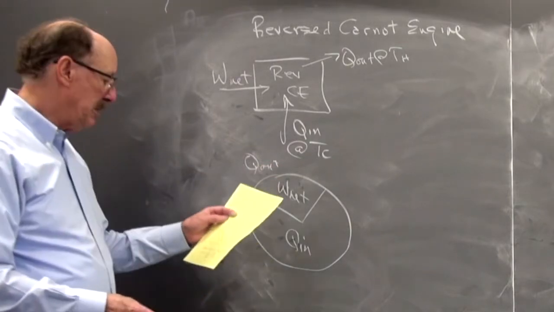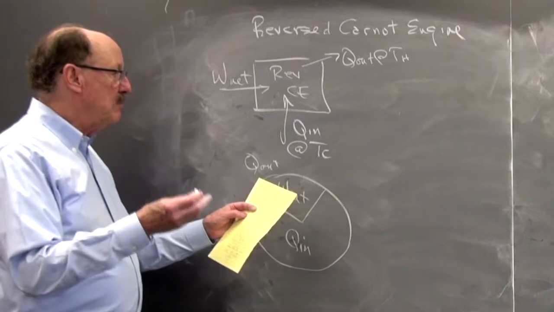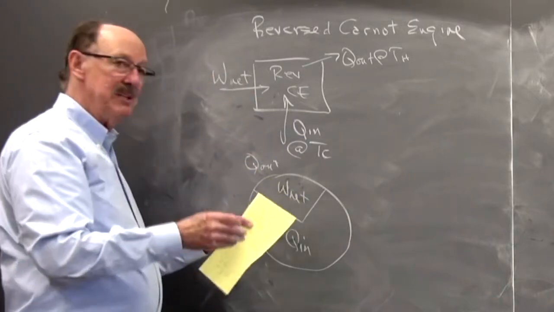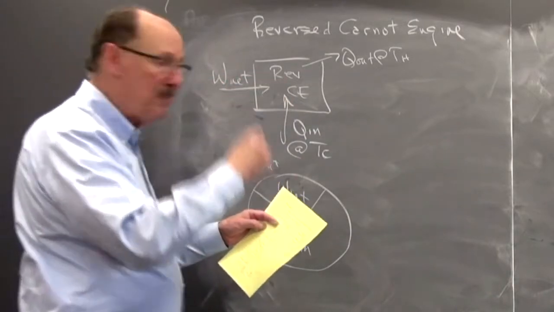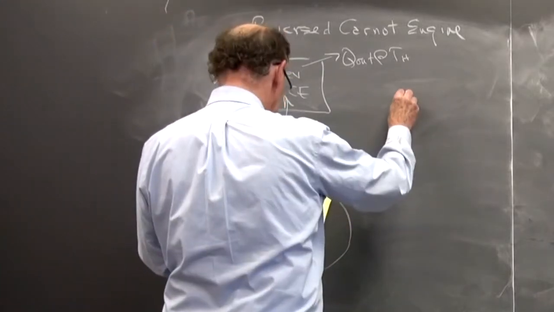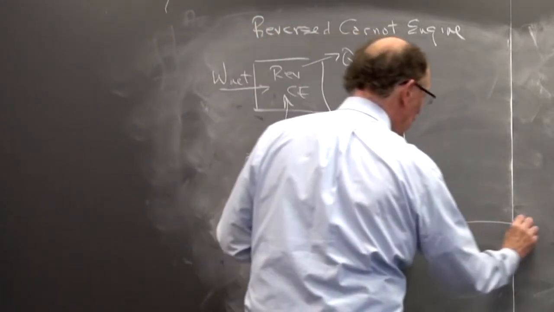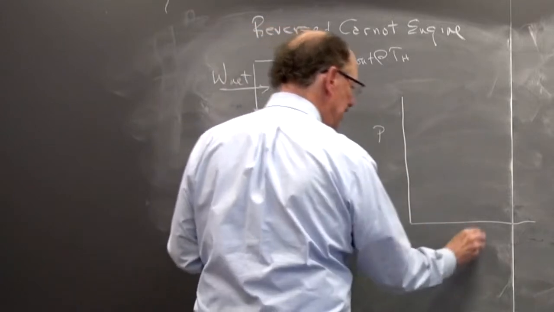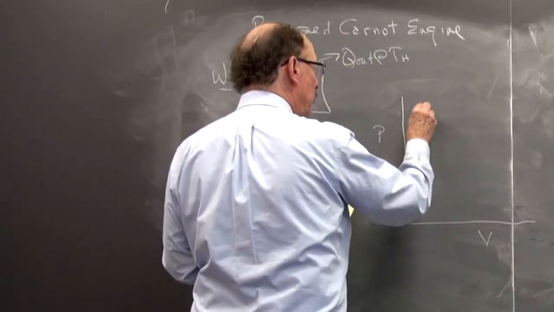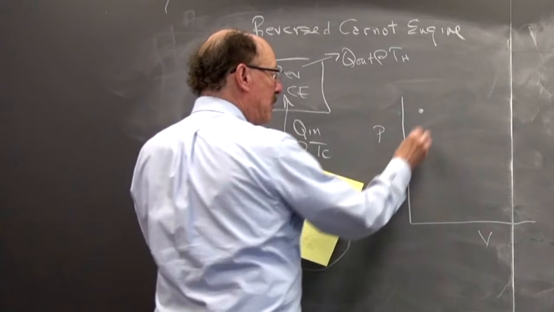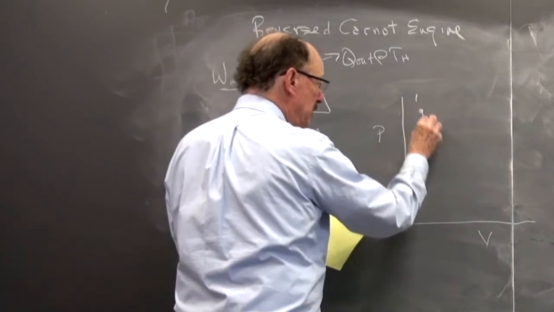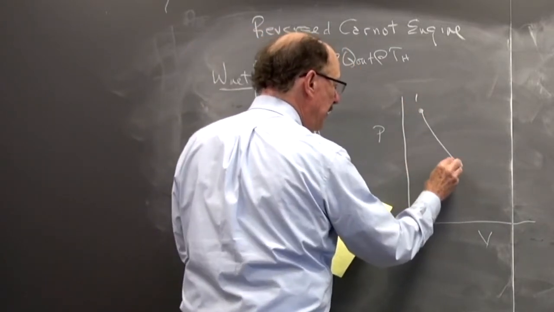And so let's look at what this diagram looks like if I have the reverse Carnot engine. Reverse means it's going to go in the opposite direction. So if I look at a PV diagram, I'll start at state 1, but now we're going to have a reversible adiabatic expansion to state 2.